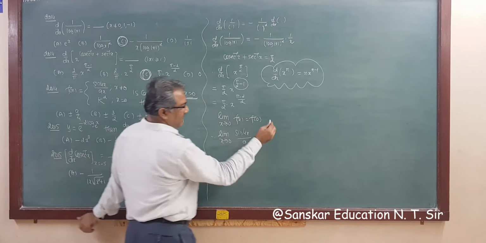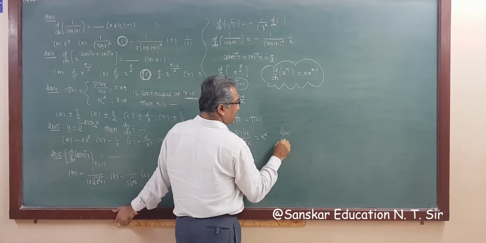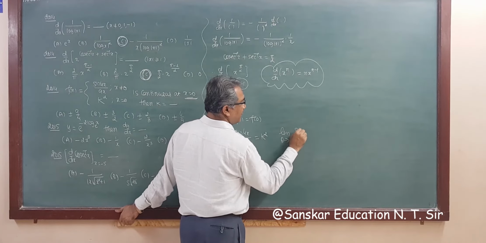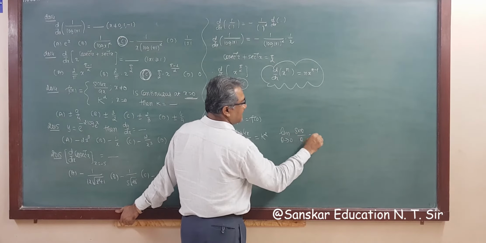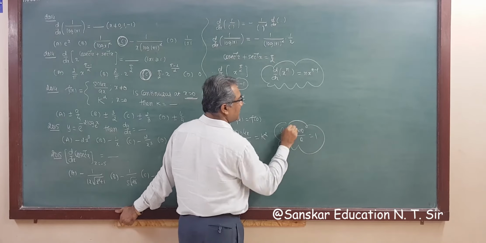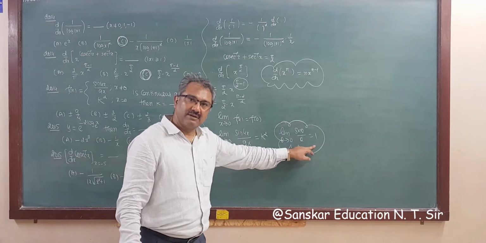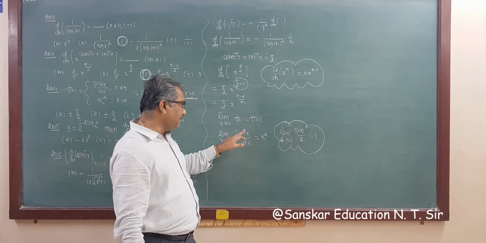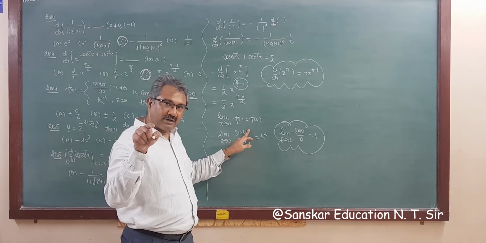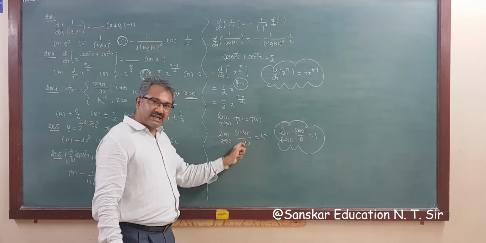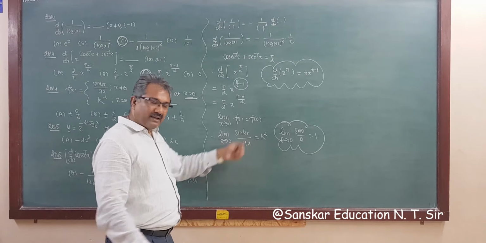Now you know the limit as theta tends to 0 of sin theta upon theta is equal to 1. This is your formula. Now this is sin 4x, so what do we require in the denominator? 4x. So divide by 4x and multiply by 4x.